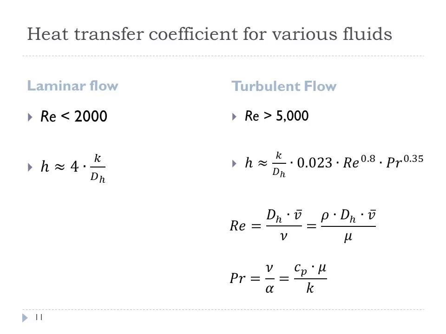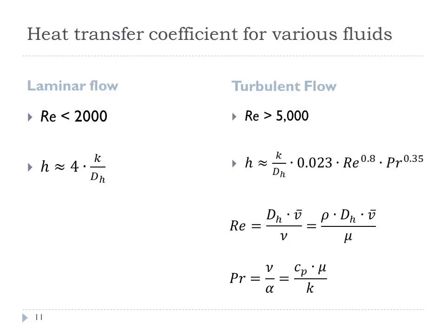When you get to turbulent flow, which is roughly Reynolds number greater than 5,000, the equation is a lot more complicated. Now H is not only a function of k over d, the thermal conductivity of the fluid divided by the hydraulic diameter, it is now also a function of the Reynolds number and the Prandtl number of the fluid.